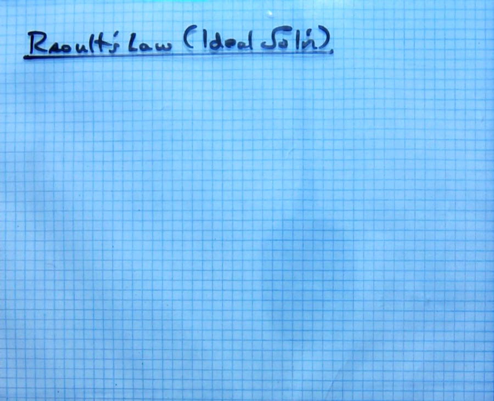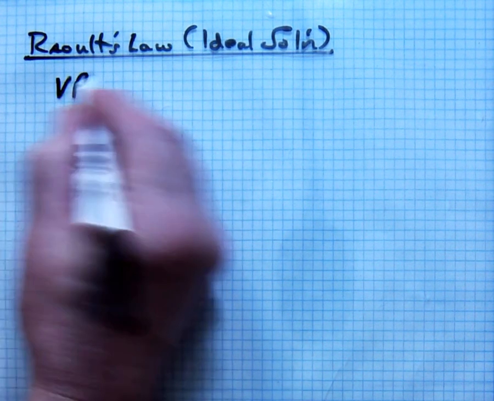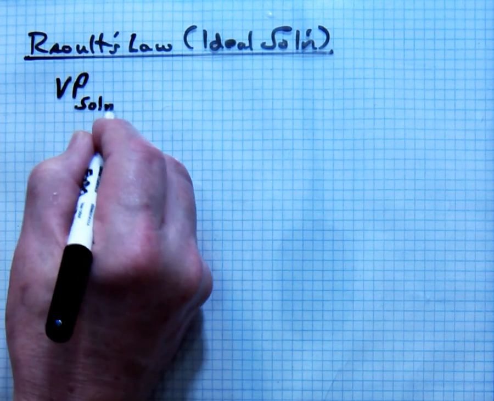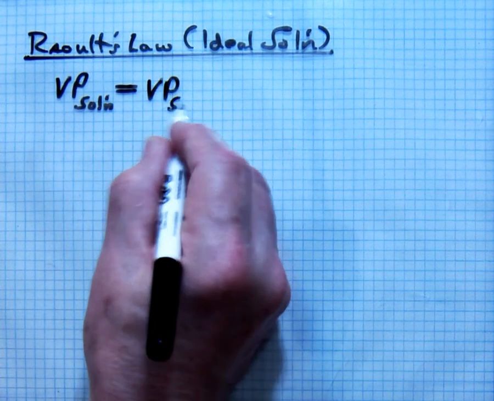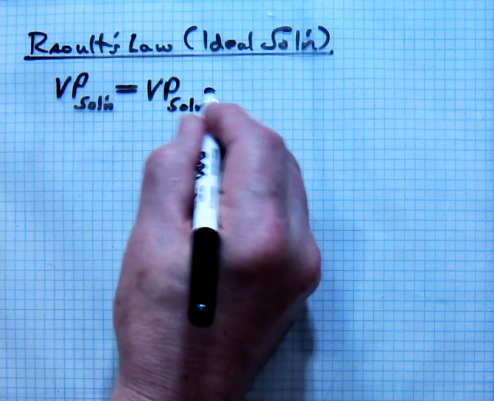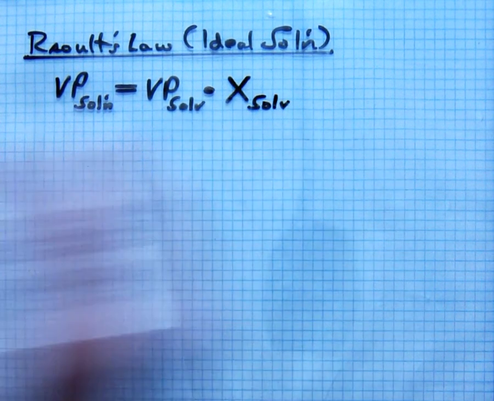Okay, the equation I gave you earlier is a statement of Raoult's law of an ideal solution. The vapor pressure of a solution is equal to the vapor pressure of the solvent times the mole fraction of the solvent.